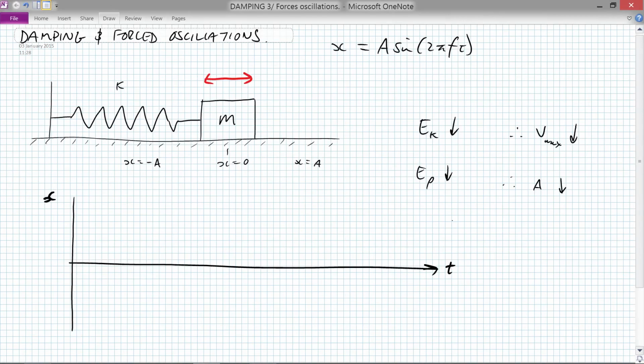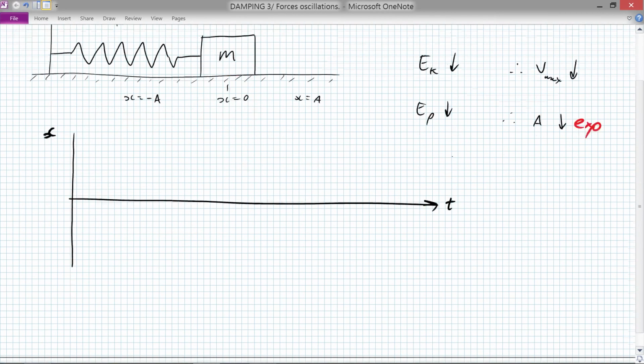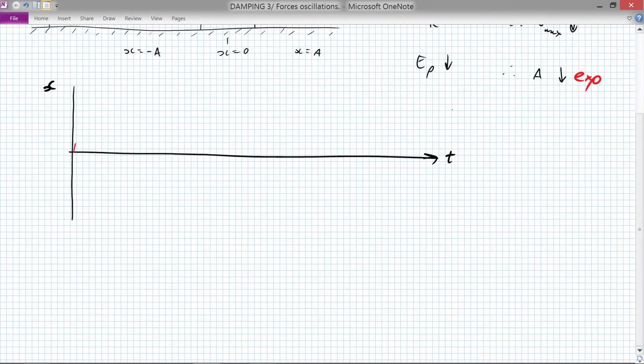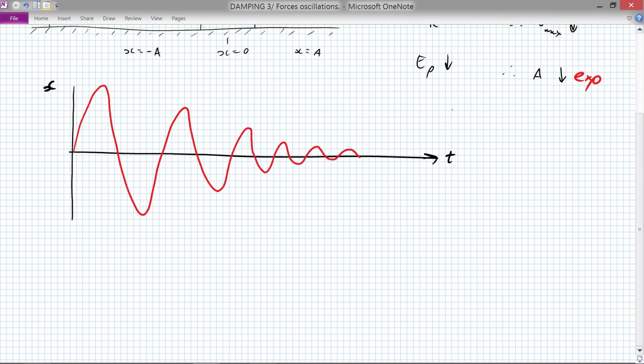We can draw that now, and it's actually an exponential function. The amplitude does decrease exponentially. So we can sketch this here. Whereas we had the amplitude being constant, now, this isn't the easiest to draw, but I'll try my best, we're going to have some function which is decaying exponentially, something like that.